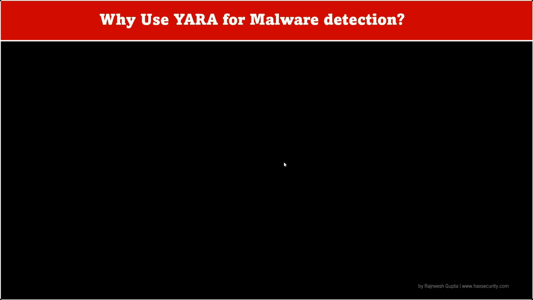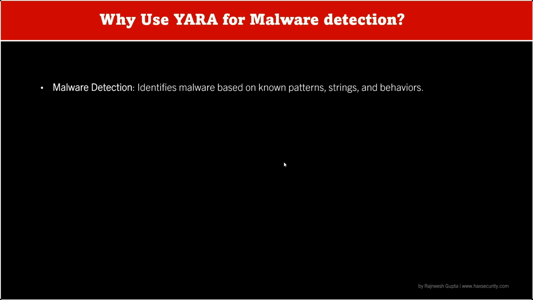Okay. Now, why do we use YARA for malware detection? That's a very important thing. It identifies malware based on known patterns. So if you have a pattern created, it can be really helpful to identify any malware category, or detect malware based on a string or behavior or IP address, anything related to that.